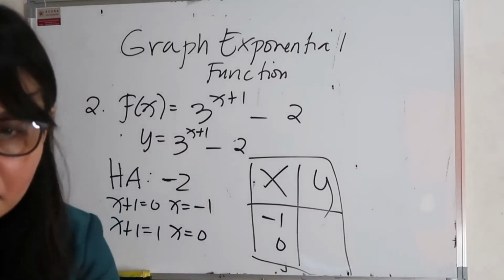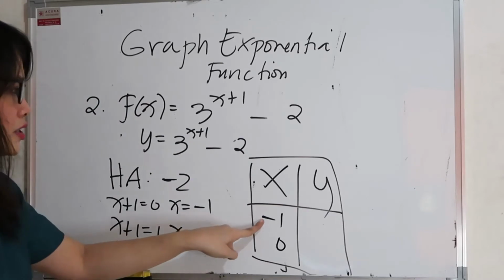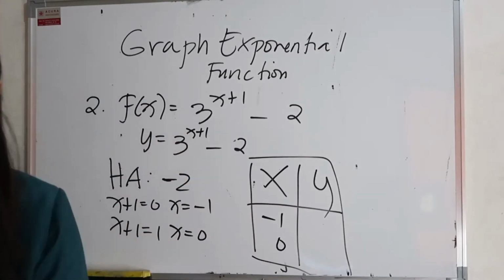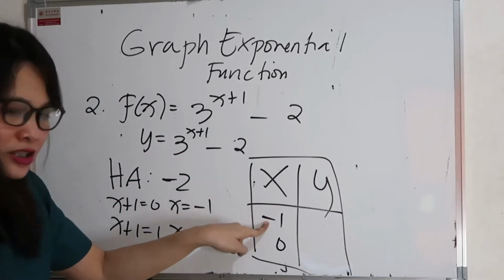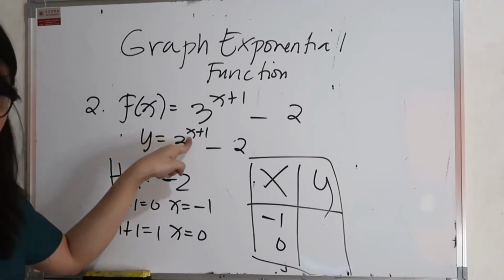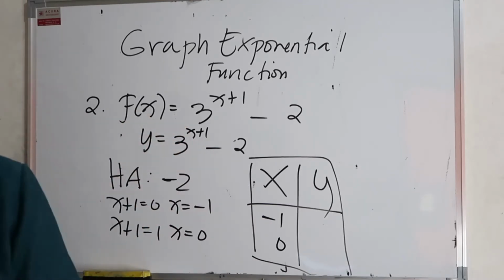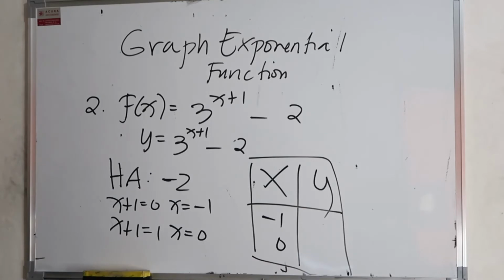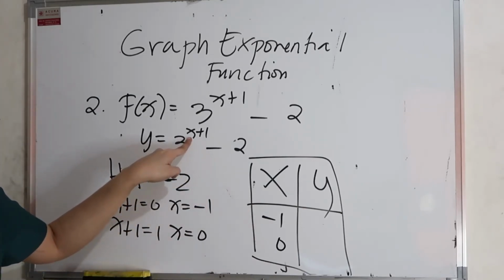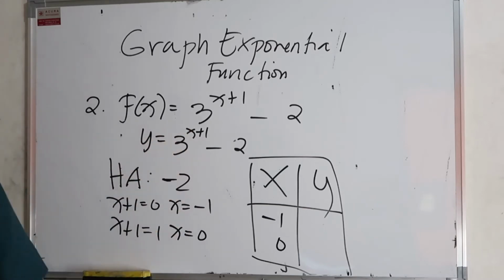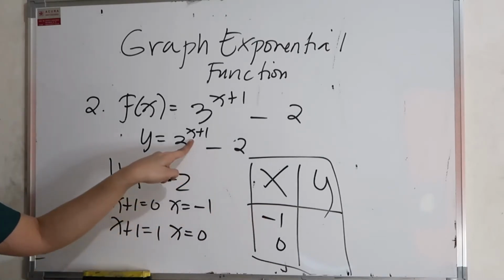Then after that, you substitute. If x is negative 1, what is the value of y? Negative 5 thirds? If x is negative 1, substitute.